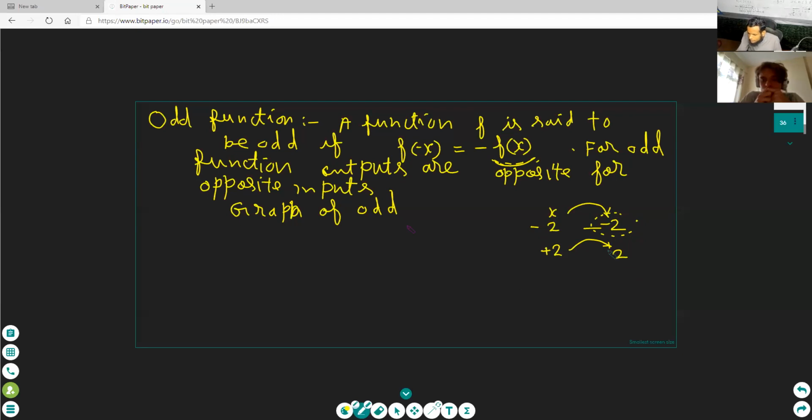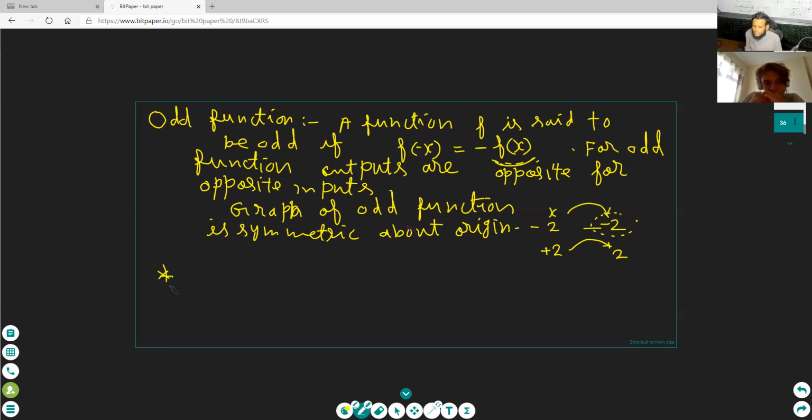The graph of an odd function is symmetric about the origin. When the equation is not given, you can find whether it is odd or even from the graph.